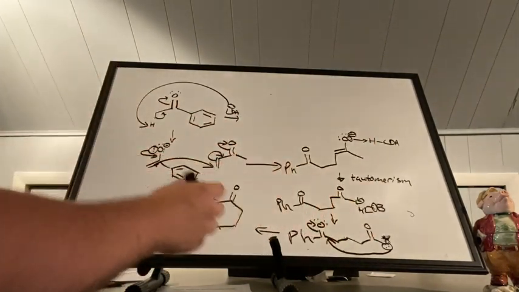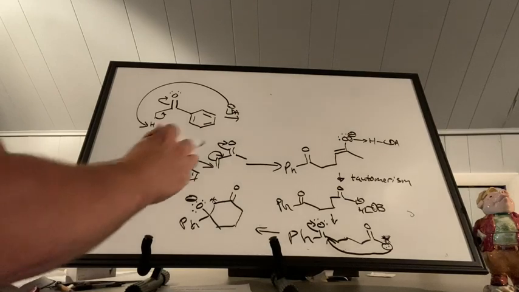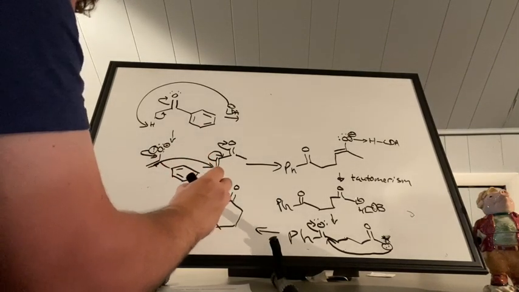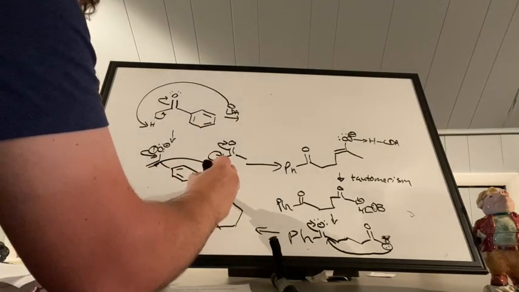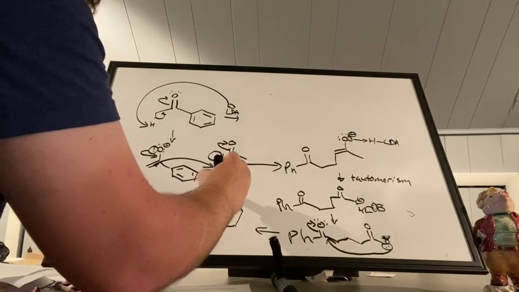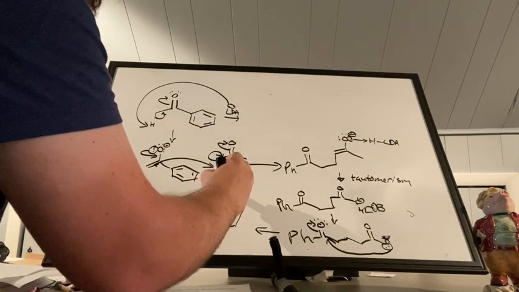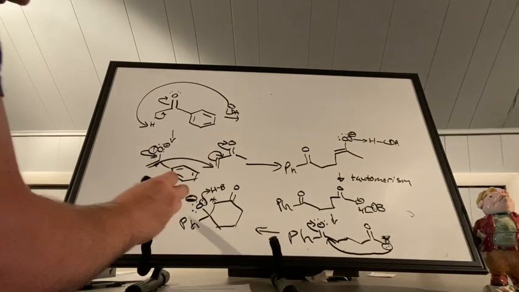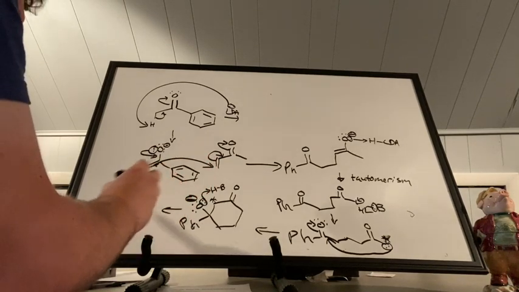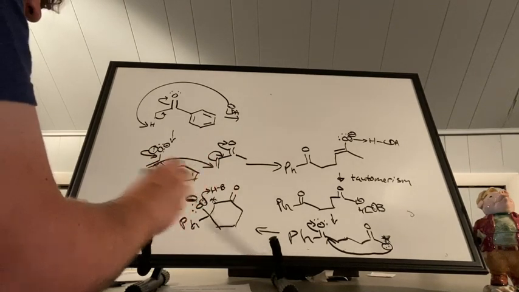Okay, so it came around, popped this up. This is going to pick up a hydrogen, right, from the conjugate acid of the base, whichever base we're using. Okay, so this is going to be an alcohol, right?